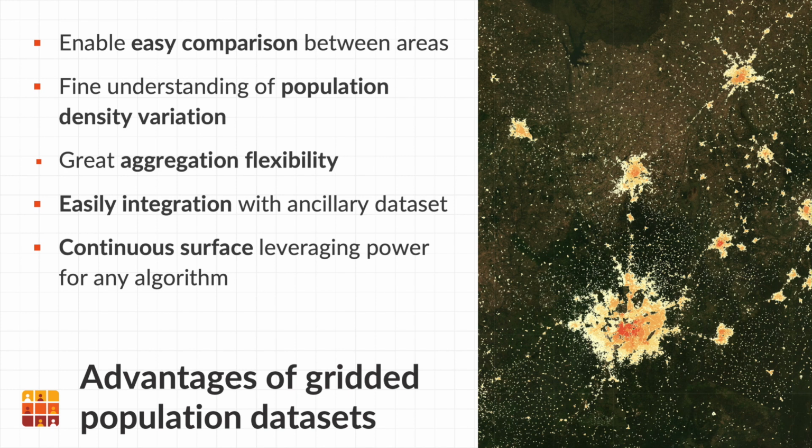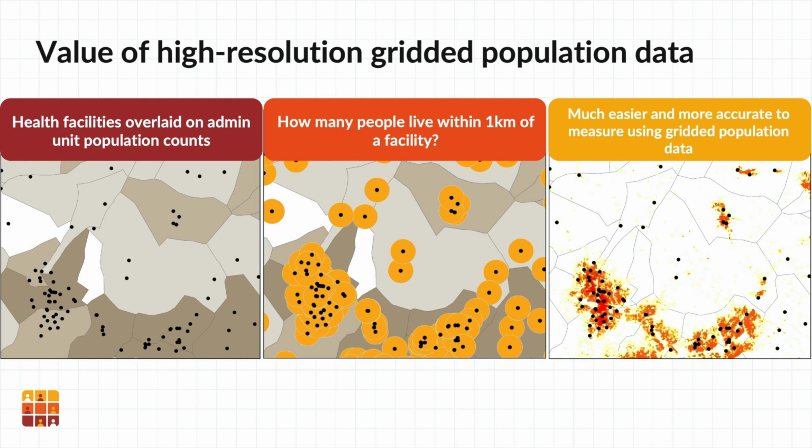This smooth data around population also leverages way more statistical power for any algorithm, but that's for the more statistically minded of us. So let's take an example of the kind of analysis that can be done only using gridded population datasets.